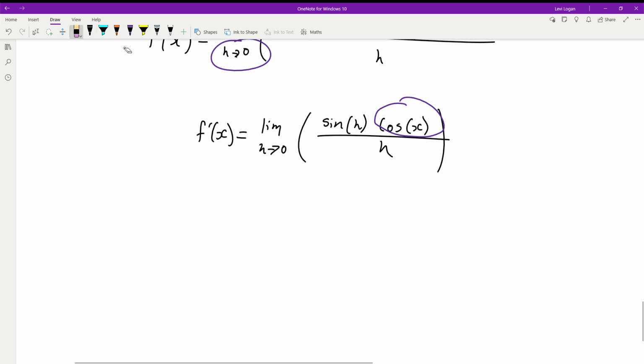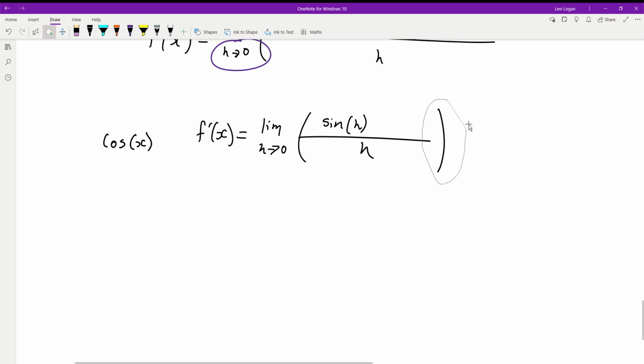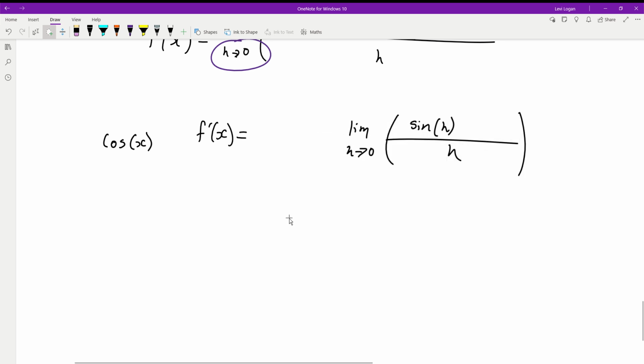So I can just take the cos x outside the limit. So I get f dash of x is cos x times this limit.